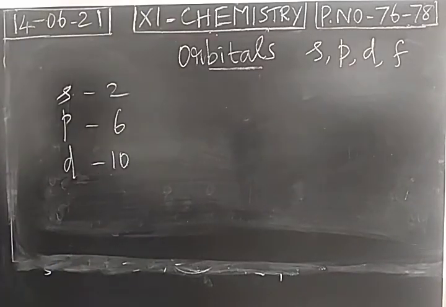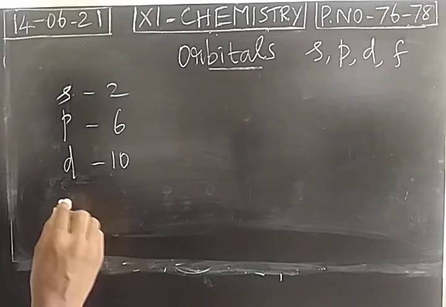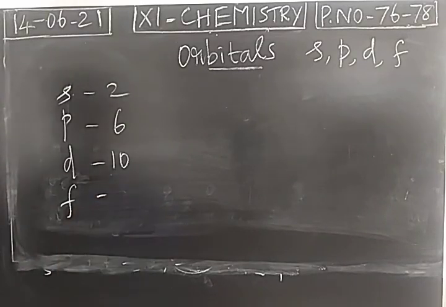Maximum number of electrons present in d orbital will be 10. And when you take f orbital, 7 types of f orbitals are available. Each type of f orbital will have 2 electrons. So maximum number of electrons that can be accommodated in f orbital will be 14.